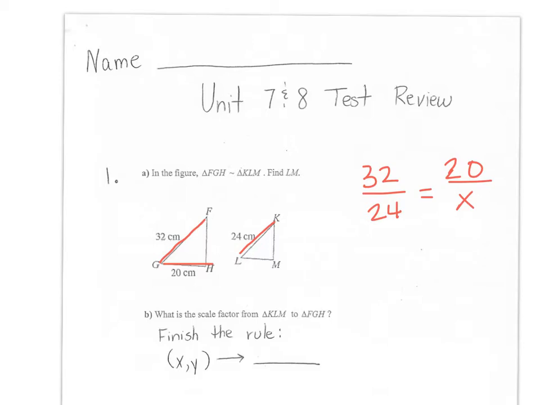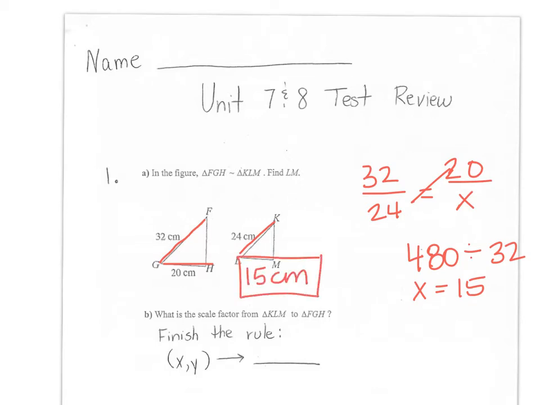So 24 times 20, because I'm going to do this part first, is 480, and then divide that by 32, and that gives me x equals 15. So LM would be 15 centimeters.